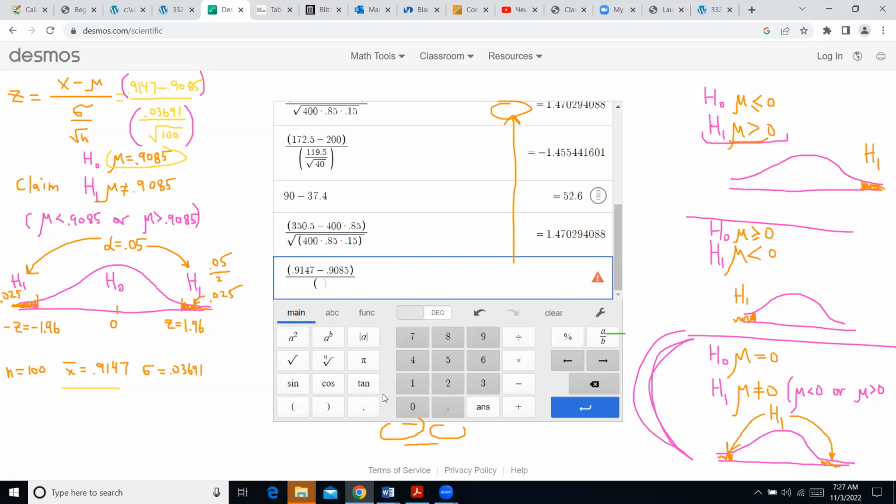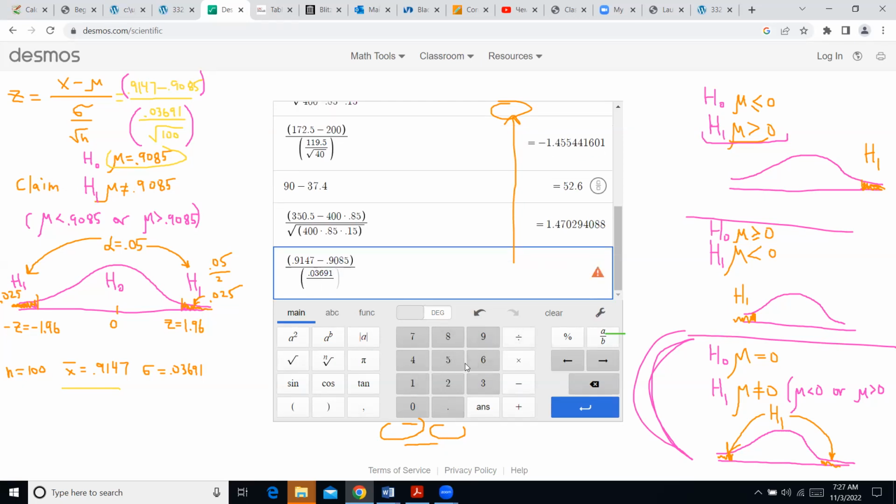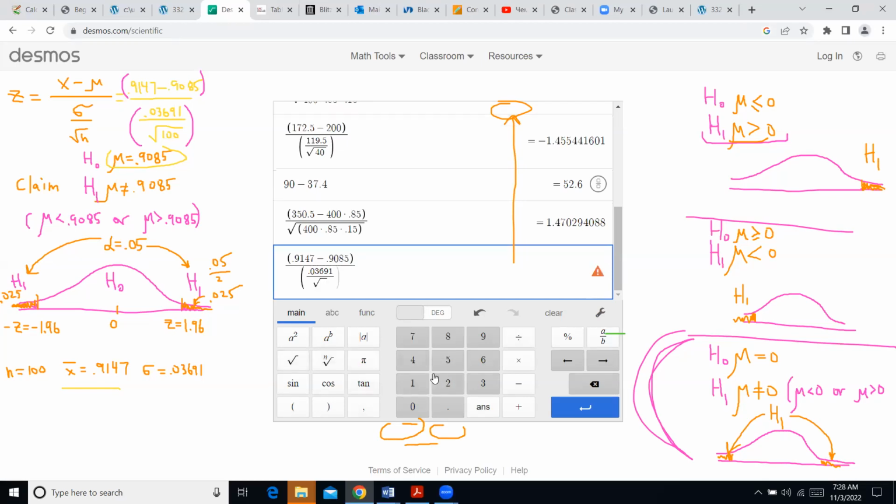So then we have a standard deviation of 0.03691 divided by the square root of 100, which is just divided by 10, but I put square root of 100. So there's my z-score. This is the number 1.679... So that's what I produced in my study.